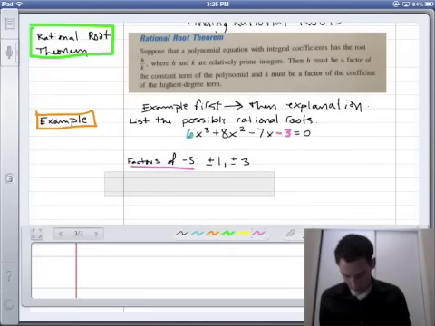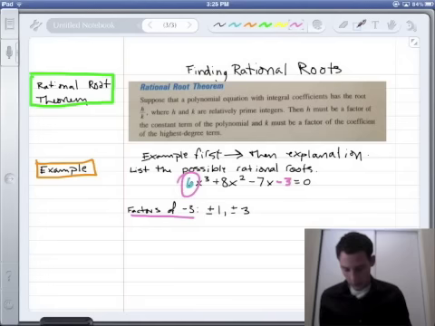And then below that, next I'm going to write down the factors of the coefficient of the term that has highest degree, and that would be the 6.